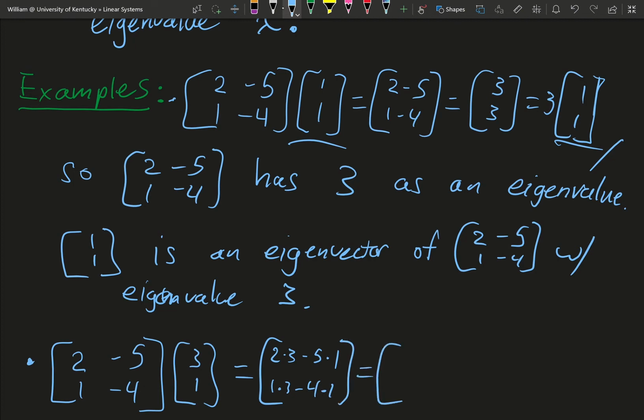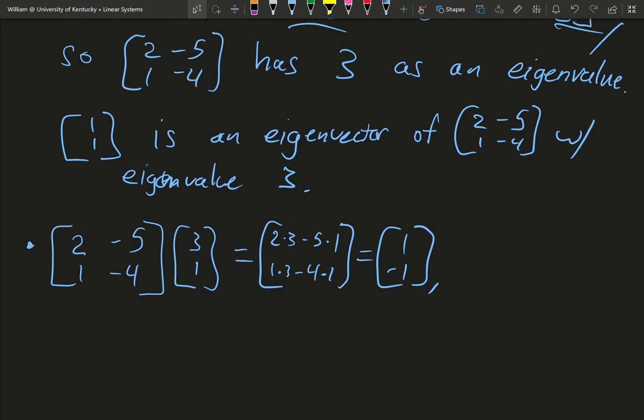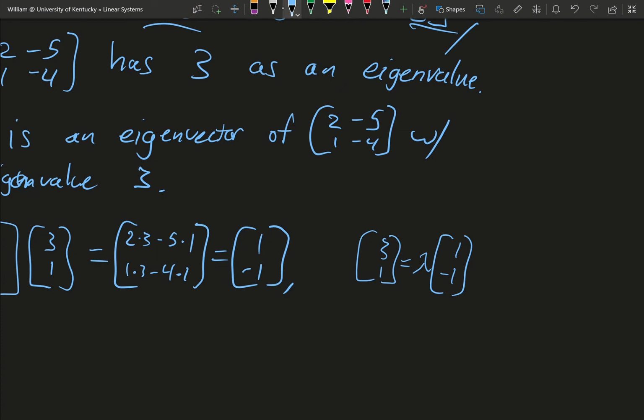So 6 minus 5, that's 1, and 3 minus 4 is negative 1. Now we can ask, is there some value I can multiply by to make this true?